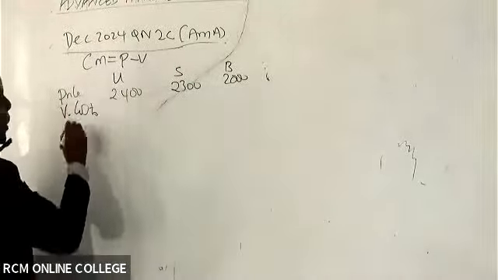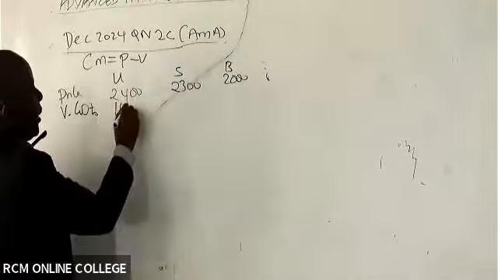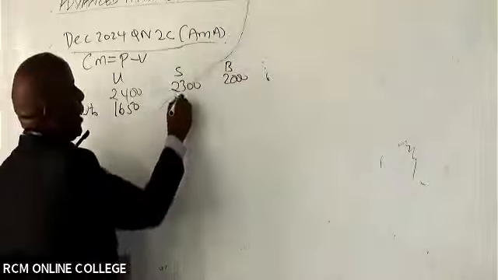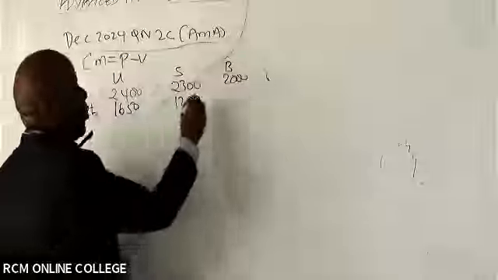The variable costs are 1,650 for U, 1,200 for S, and 1,400 for B.